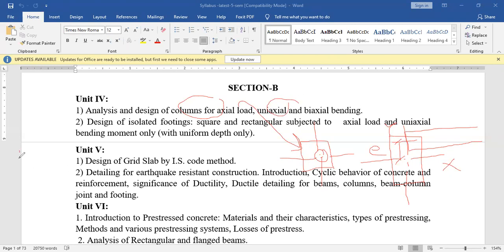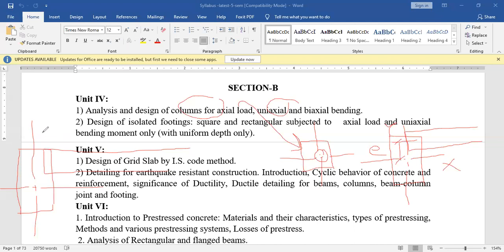Sometimes it may happen that suppose this is a column and this is the center line. And now in that case, the beam is going to be placed like this, like this.